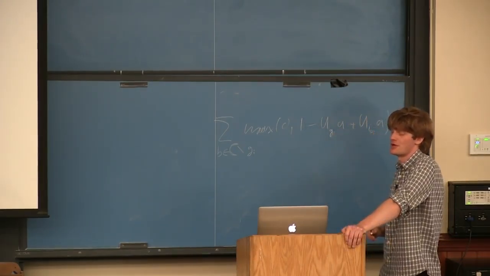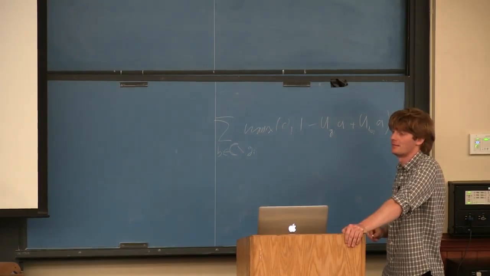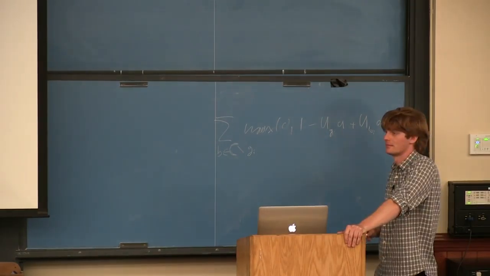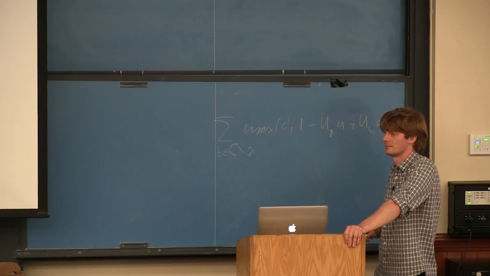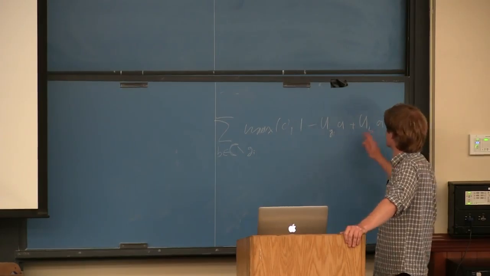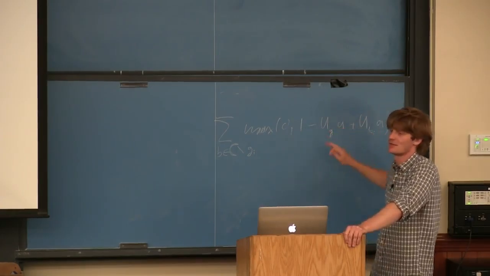So this would be one generalization of that. So now you're summing over the bad examples. Right, so now it breaks down a little bit with the definition of A.